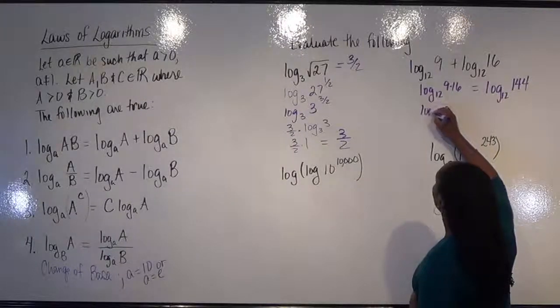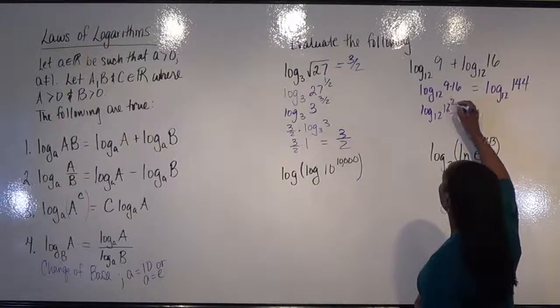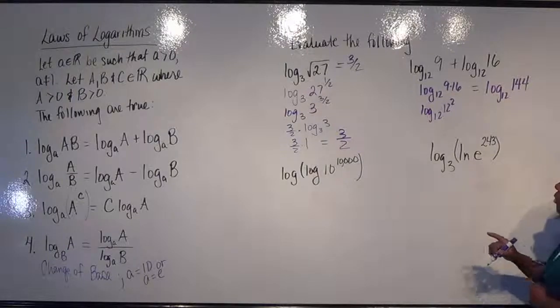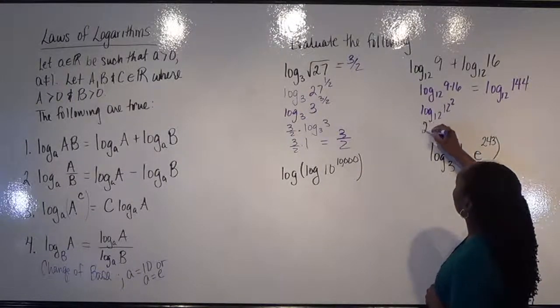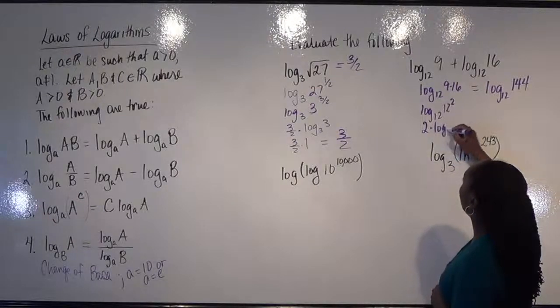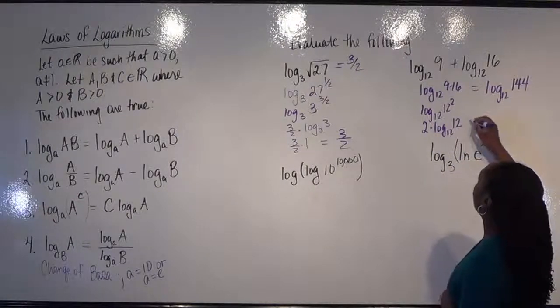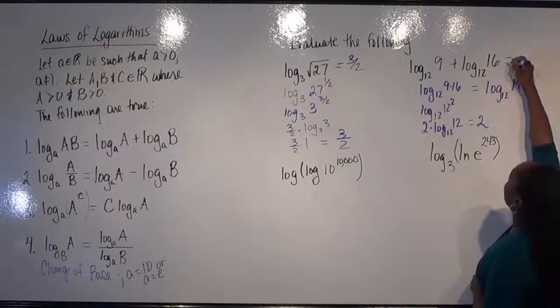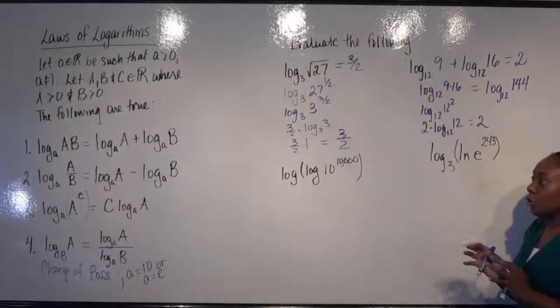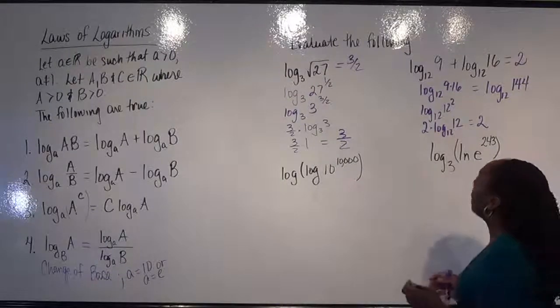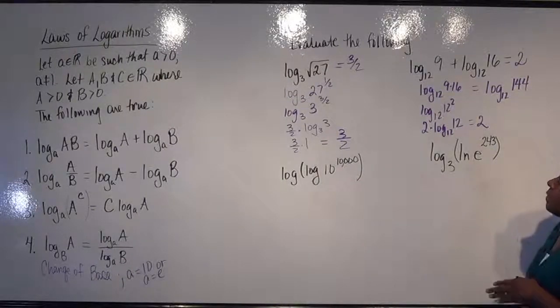This is just log base 12 of 12 squared. Doing the same thing we just did over here, this is 2 times log base 12 of 12, which is just going to equal 2. So without that addition or multiplication property, we wouldn't be able to simplify that down nicely.